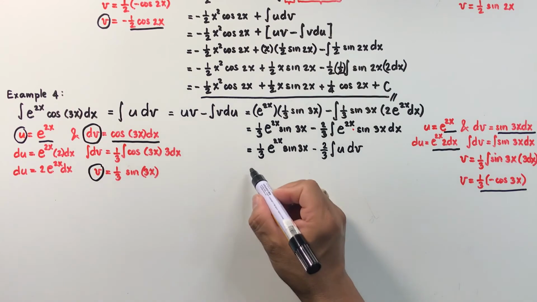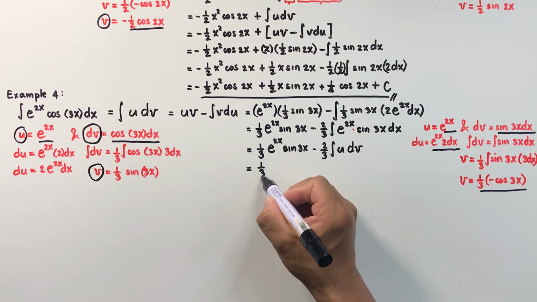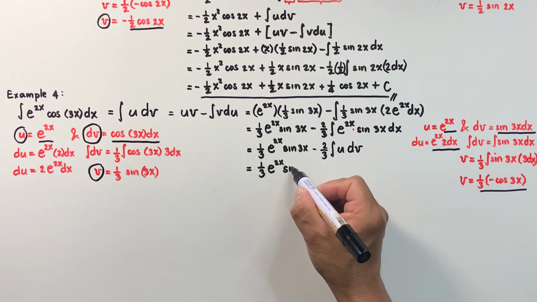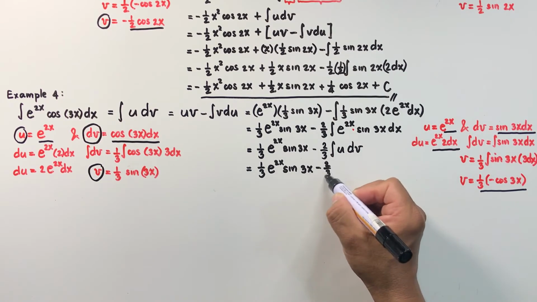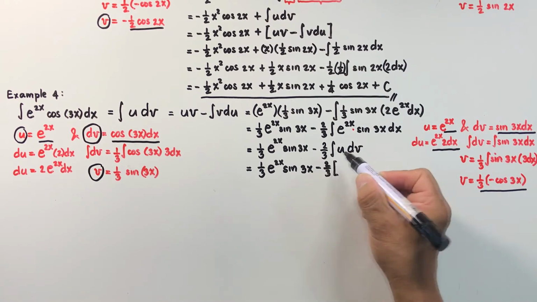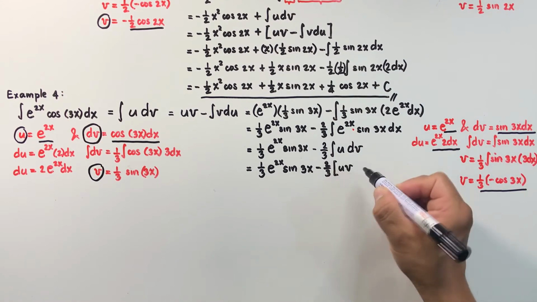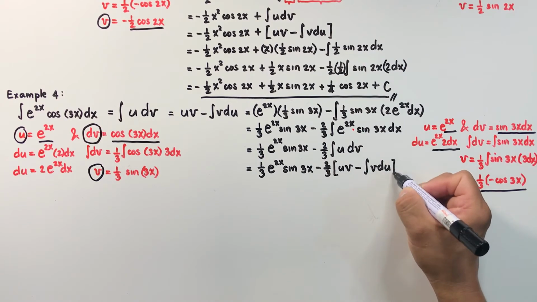So applying the formula for integration by parts, we have e to the 2x sine 3x minus 2/3 of the integral of u dv, which is uv minus the integral of v du here.